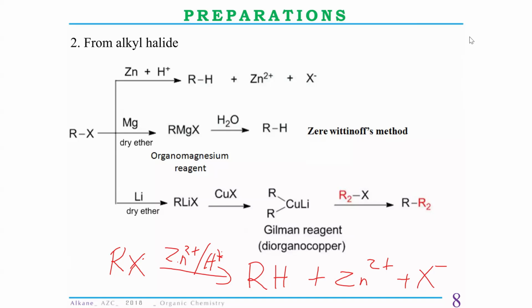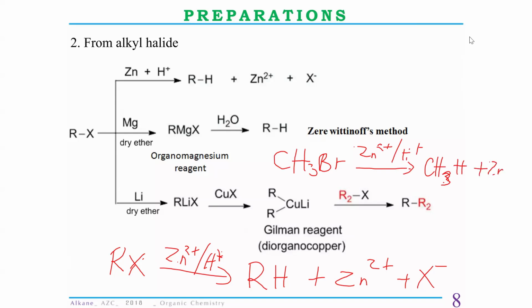So in this case, let's say you have the alkyl halide, methyl bromide. Methyl bromide in the presence of zinc 2 plus, then plus free hydrogen, you are going to have CH3, then this hydrogen will be added here, CH3H, then plus zinc 2 plus, then plus the bromide ion.